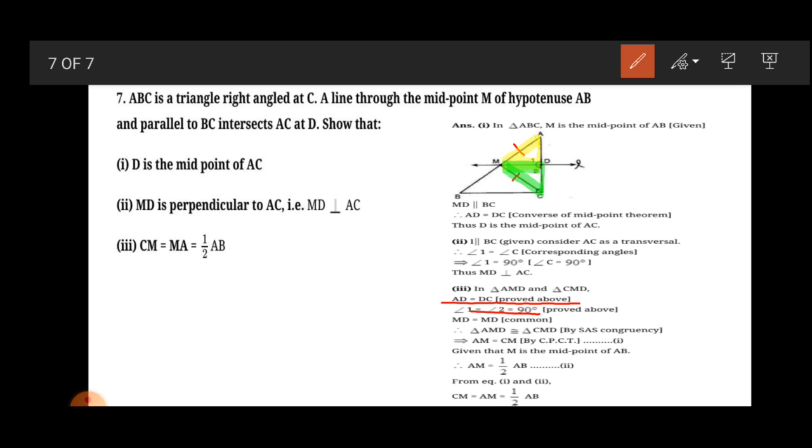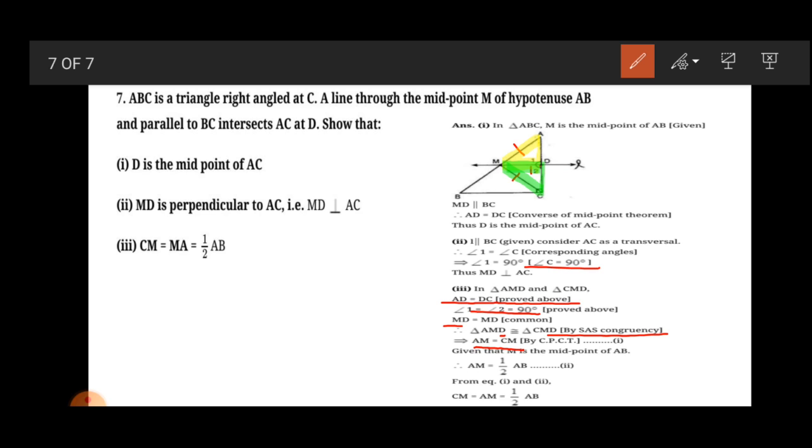Angle 1 is equal to angle 2, 90 degrees, we have proved above, and MD is equal to MD, common. So by side angle side, triangle AMD is congruent to triangle CMD, and by CPCT, AM is equal to CM.